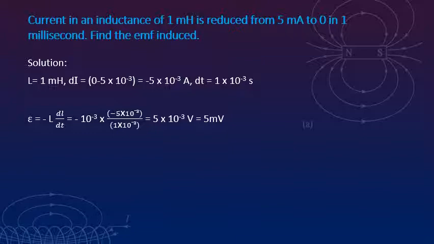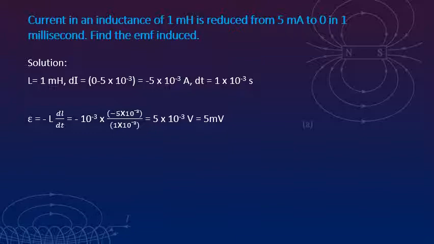The change in current di is equal to 0 minus 5 milliampere, that will be equal to minus 5 milliampere or minus 5 into 10 power minus 3 ampere. Corresponding time dt is 1 millisecond or 1 into 10 power minus 3 second.